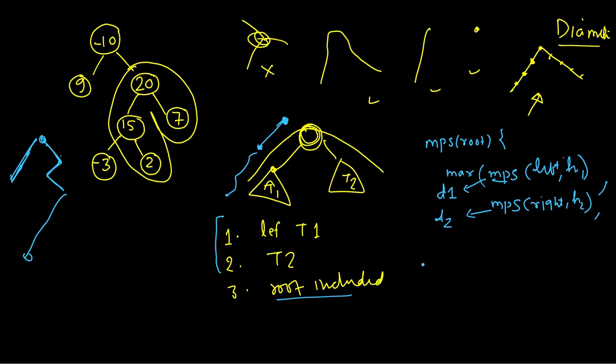Now we need to keep track of what is the h. So this is h1, root included, and this is h2, and d1 will be the path length in this part, and d2 will be the path length in this part excluding the root.